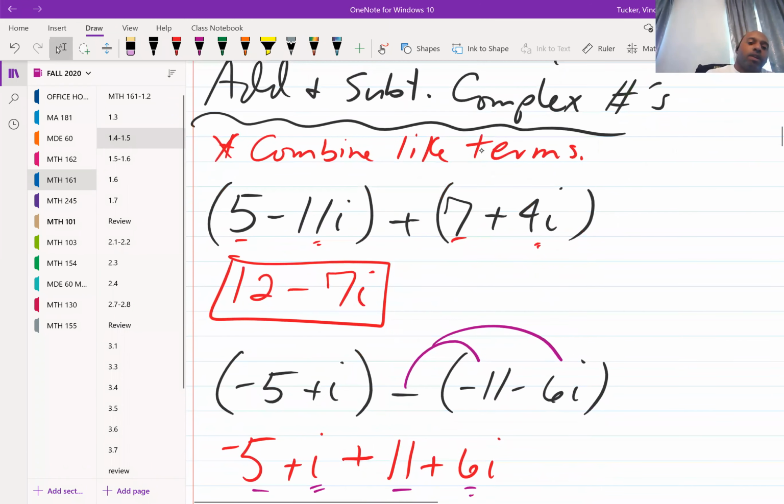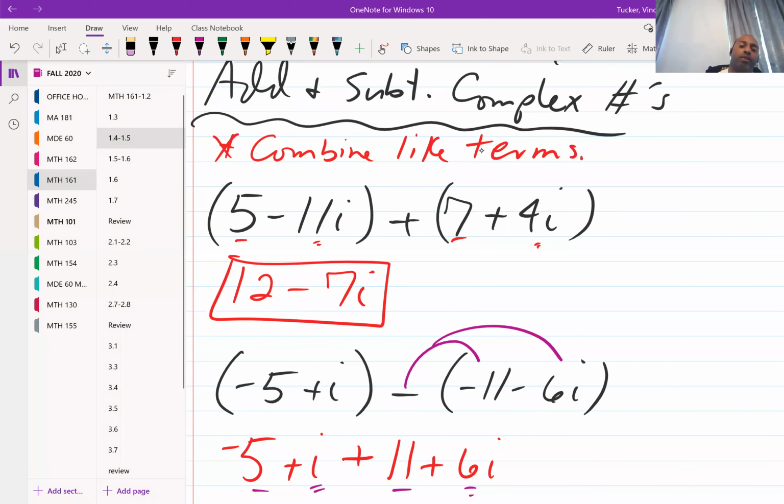Right here, negative 5 plus i minus negative 11 minus 6i. So whenever you're subtracting your quantities, your expressions, as you always do, you should distribute the negative first. So that's what we did right here. That negative has to be applied to each term that's in the parentheses. So that's why we have a positive 11 and then positive 6i.